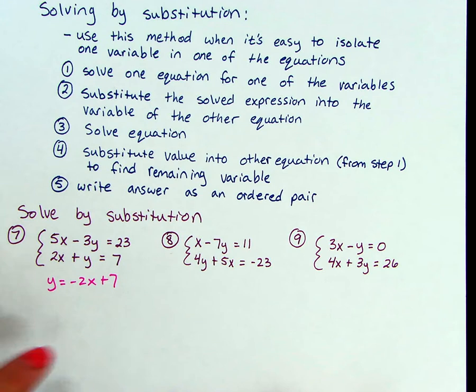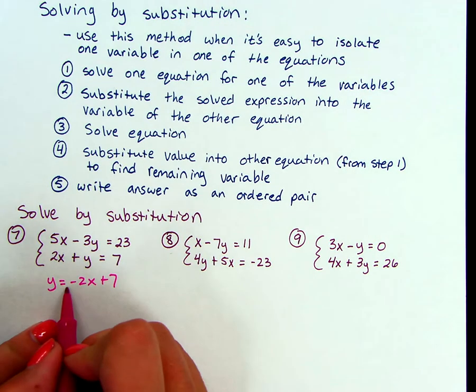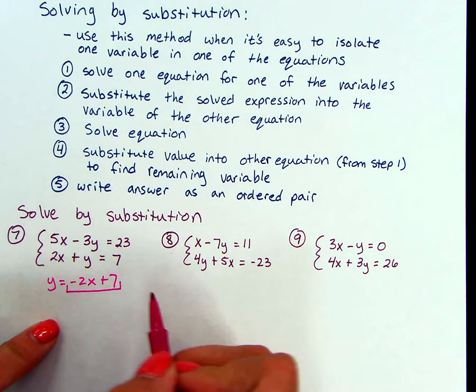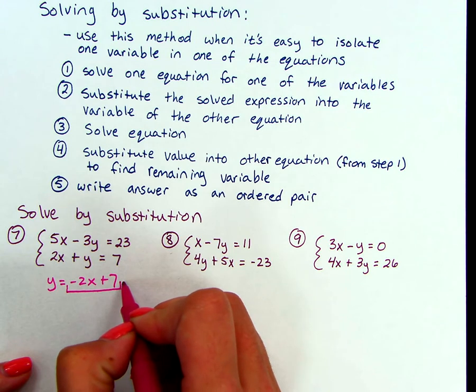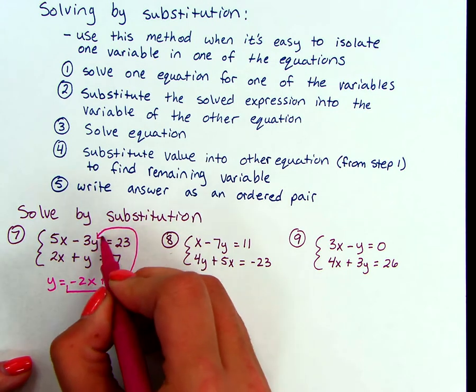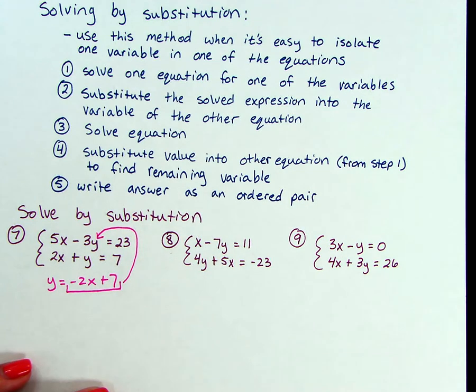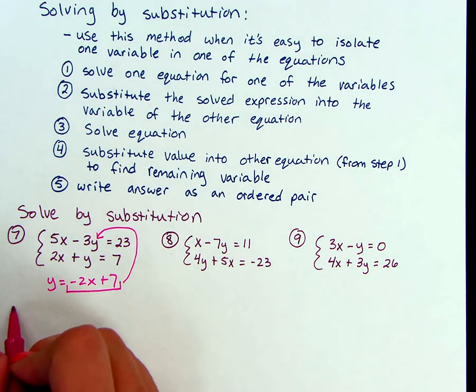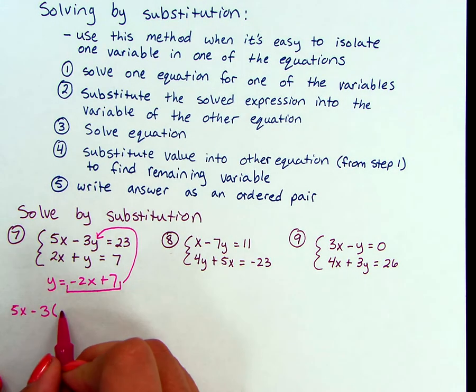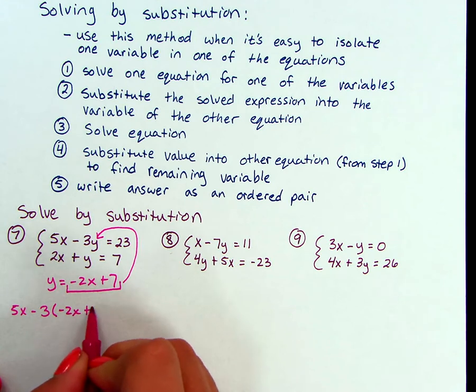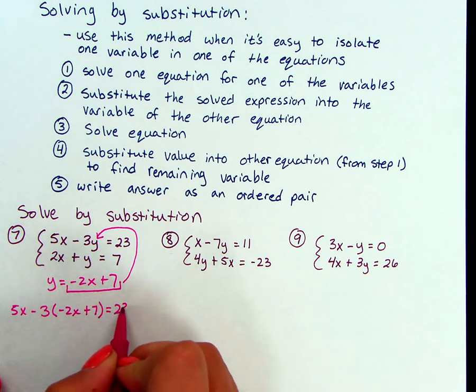And then once it's by itself, we take this expression, negative 2x plus 7, and we're going to substitute it into the y in the first equation. So we're going to plug it into that one. Okay. So that will look like 5x minus 3 times a quantity of negative 2x plus 7 equals 23.